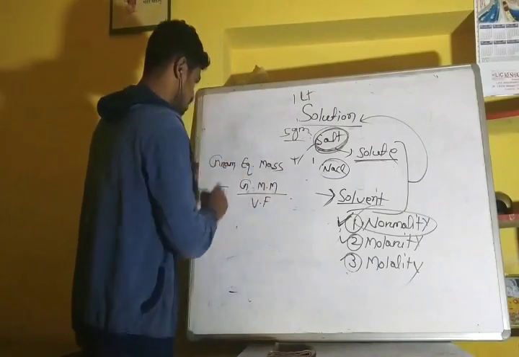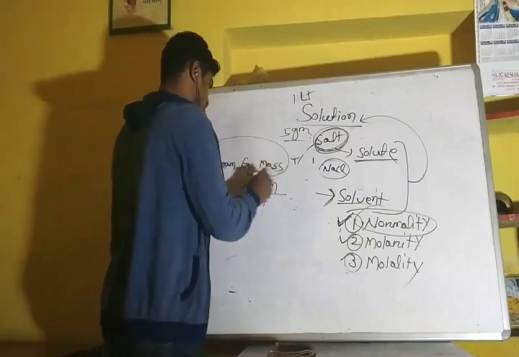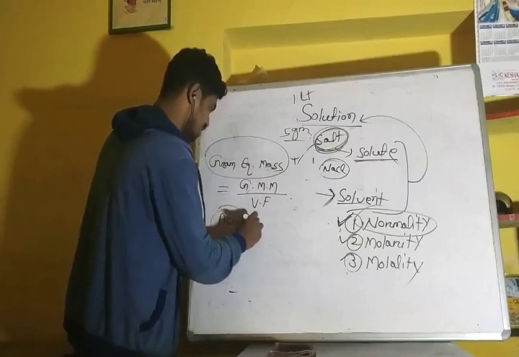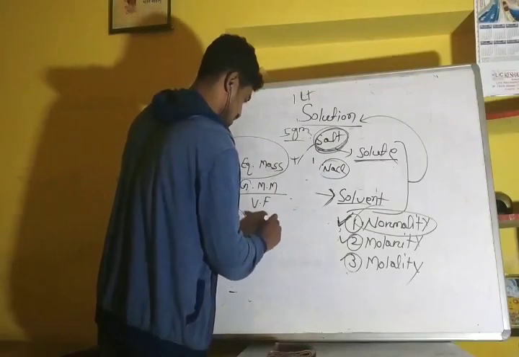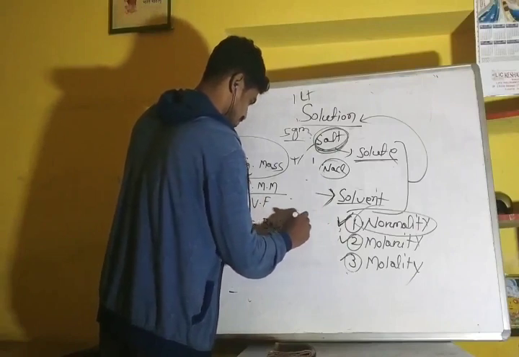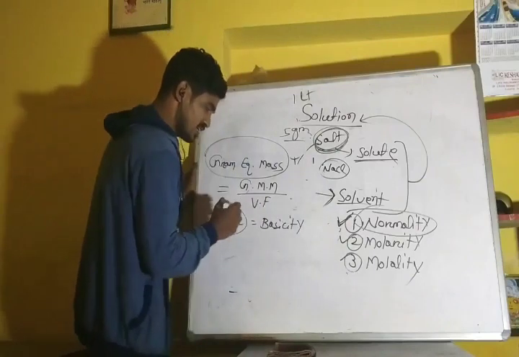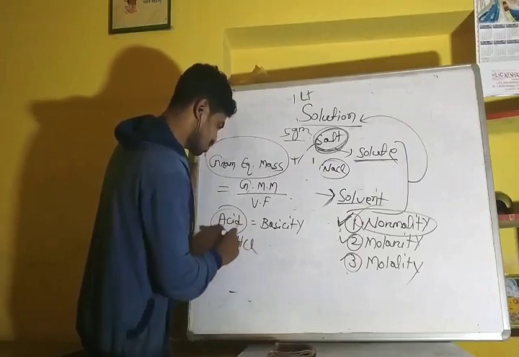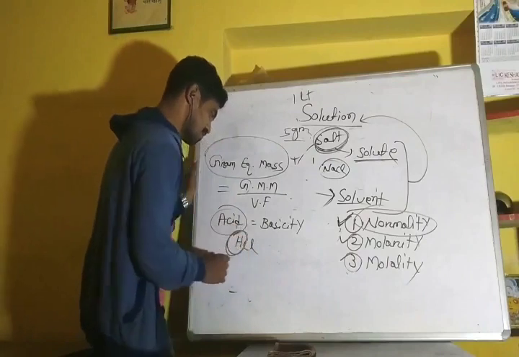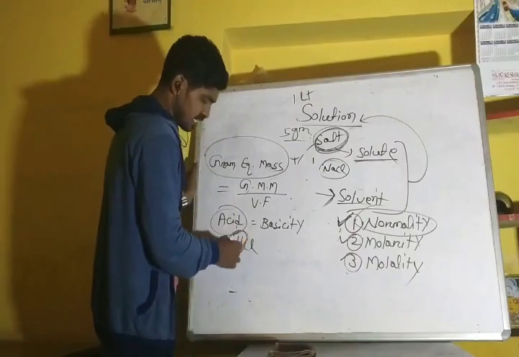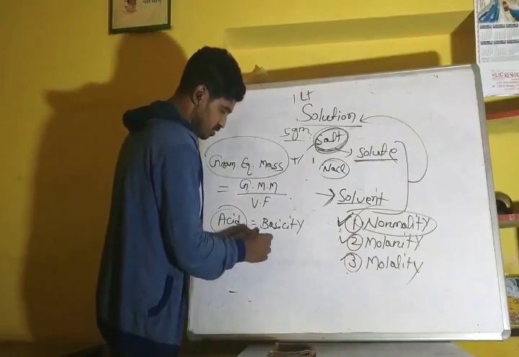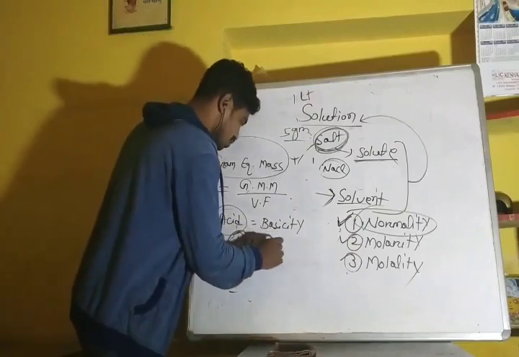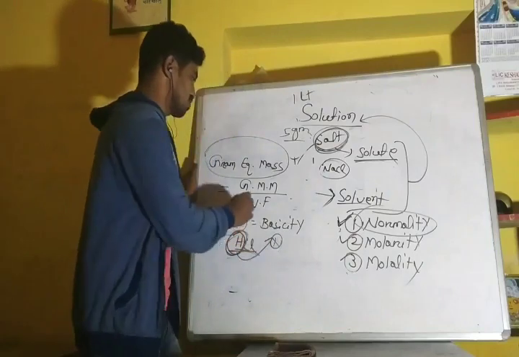If we find the equivalent mass of an acid, then the VF factor is the basicity. Basicity means, take an example of HCl, the number of replaceable hydrogen atoms when it is ionized, which is 1. So the basicity of HCl is 1, so the VF factor is 1.